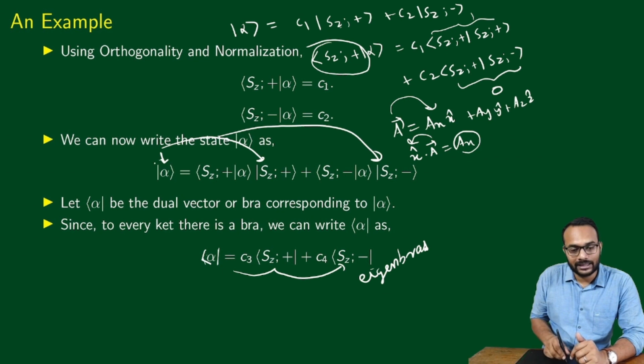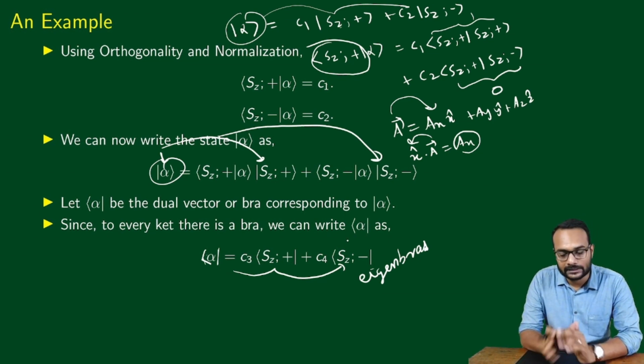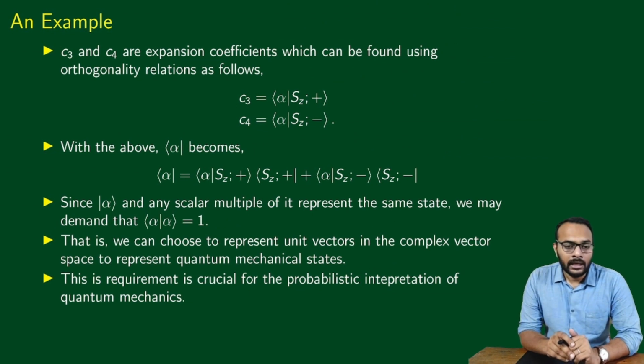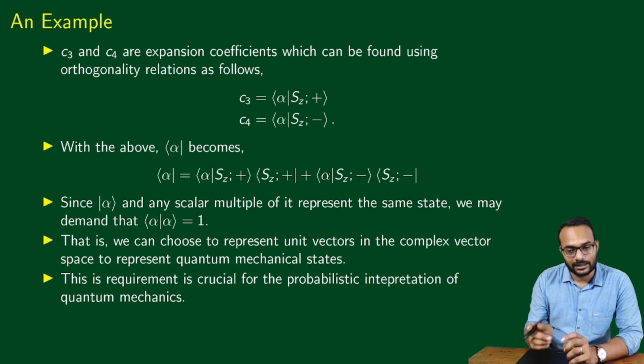Here I am writing ket alpha as a linear combination of the eigenkets, and here bra alpha as a linear combination of eigen bras. Now C3 and C4 are expansion coefficients which can be found using orthogonality relations.